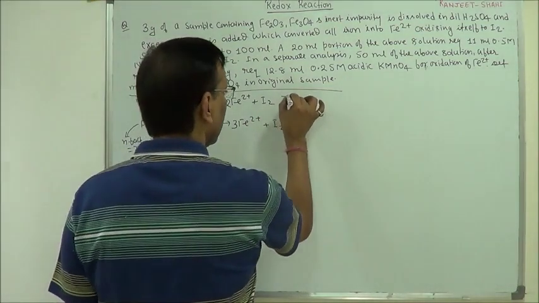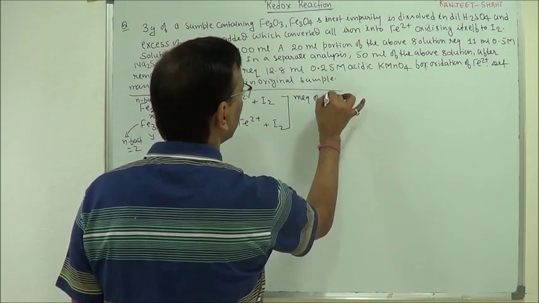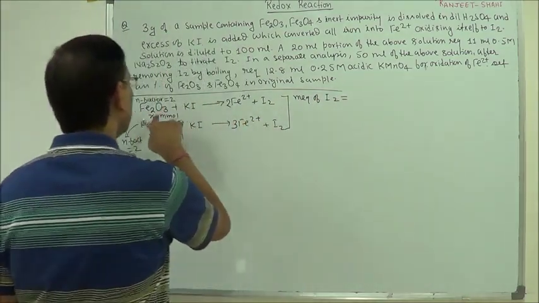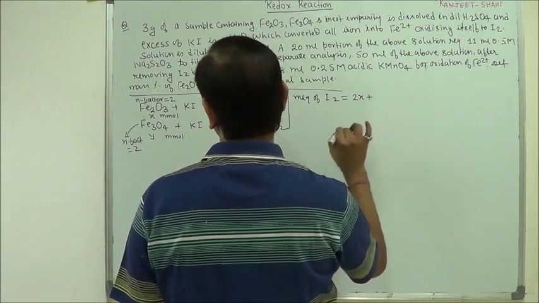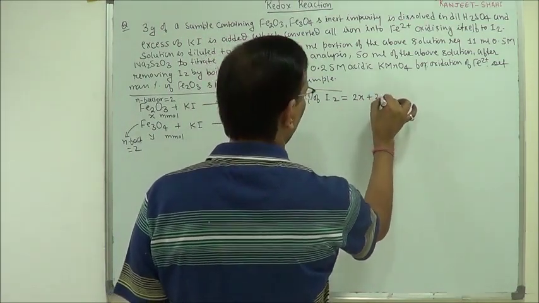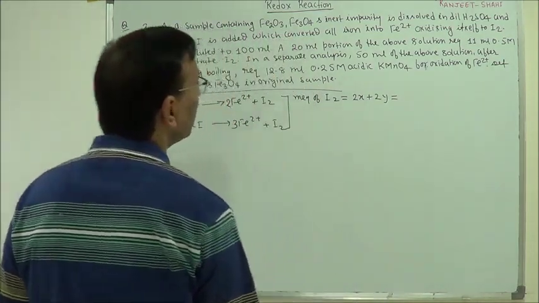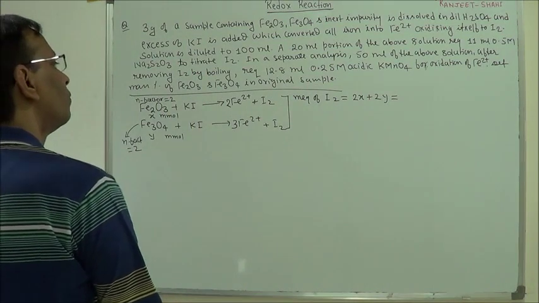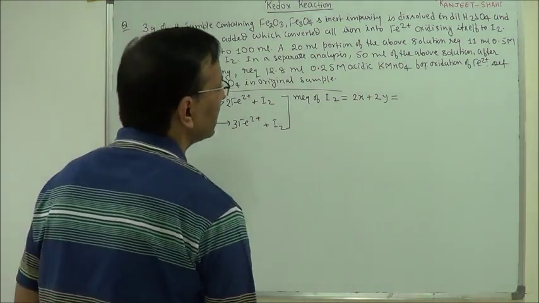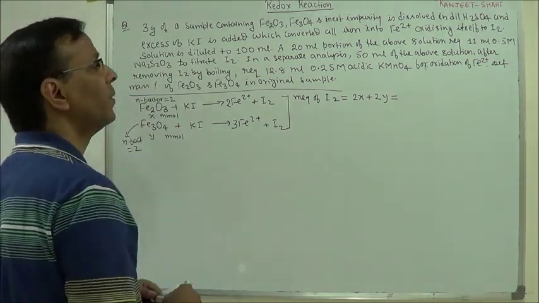So total milliequivalent of iodine will be 2x plus 2y, and that will be equal to milliequivalent of iodine estimated, and milliequivalent of iodine estimated will be equal to milliequivalent of hypo used up.